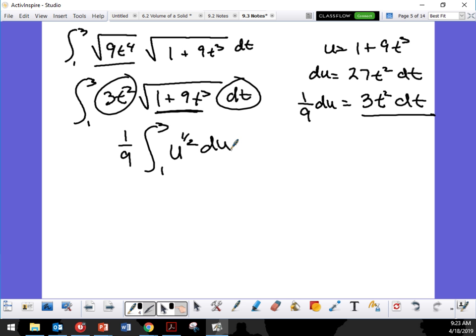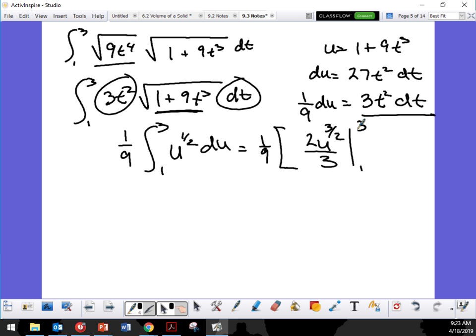So this is going to give me 1/9 of u to the 3/2 over 3/2, and that's going to be from 1 to 3. All right, that's going to be ugly. I don't like that.